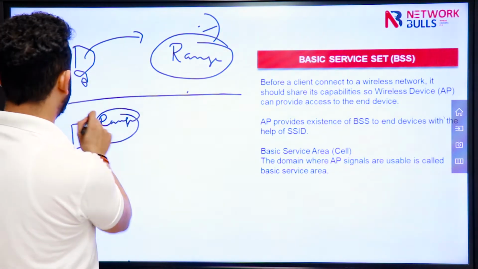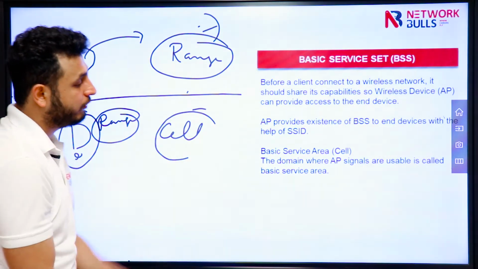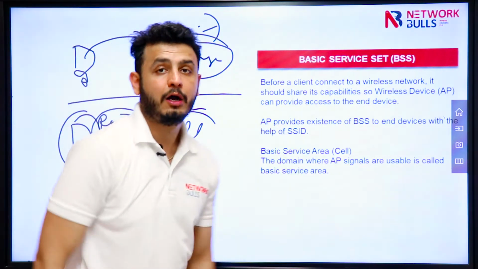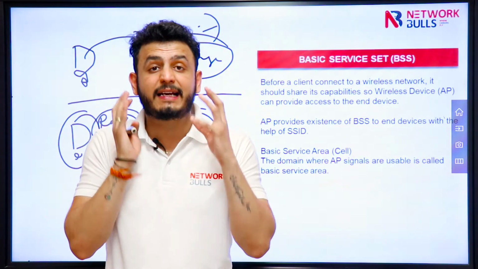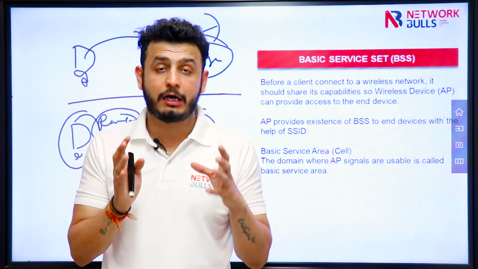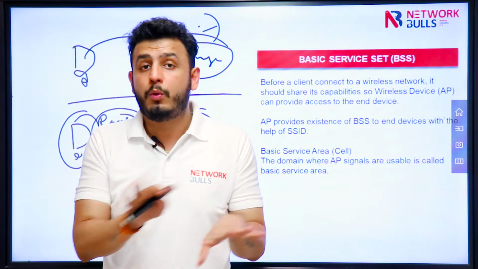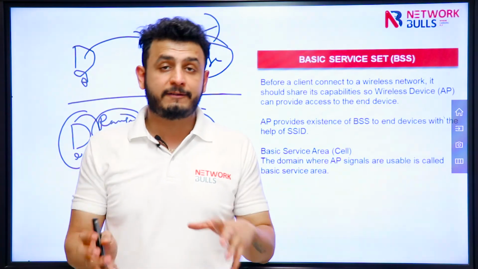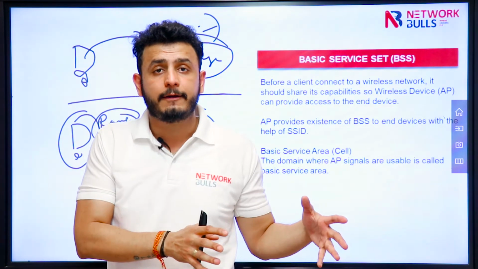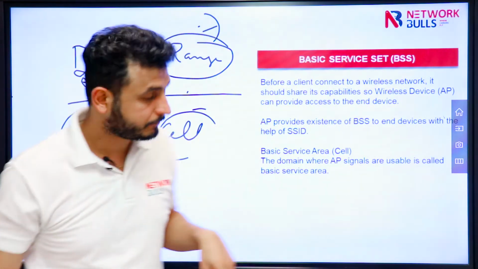It means this particular client is not in the cell, or not in the basic service area where the signals advertised by the AP are usable. He is in an area where those signals are not usable. It means he is out of the cell. So cell or area means the particular domain in which AP signals are usable.